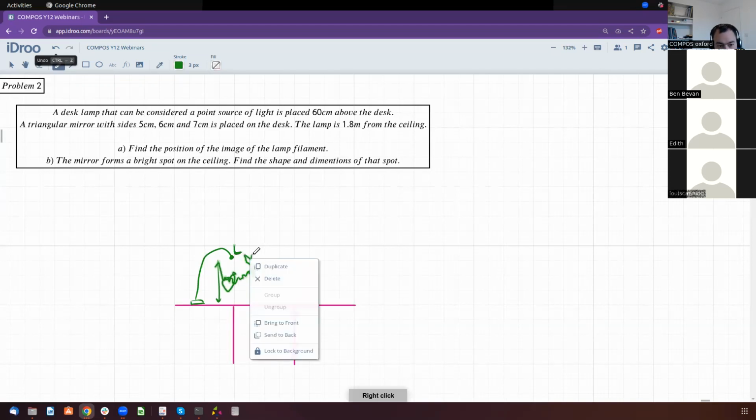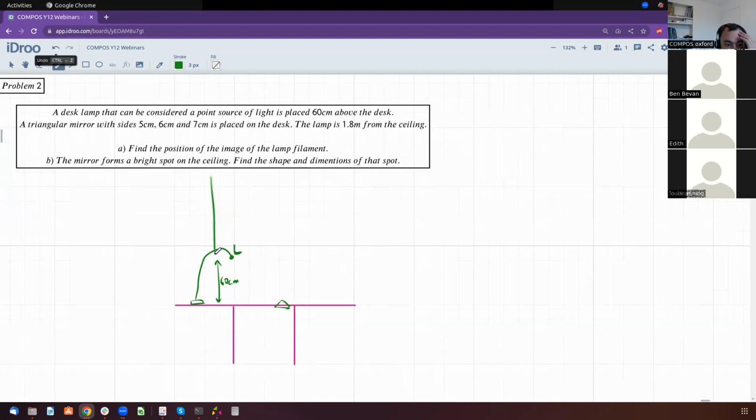And there's a mirror on the desk. The lamp is 1.8 meters from the ceiling. So there's a ceiling, and it is 1.8 meters. And find the position of the image of the lamp filament.